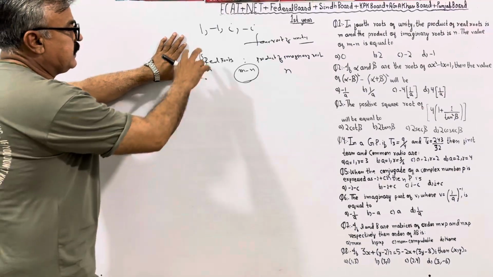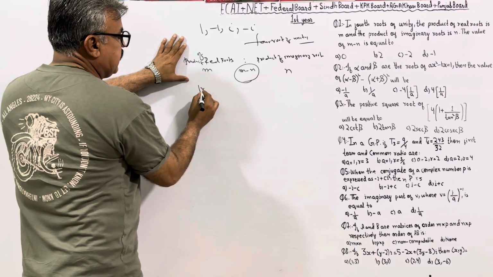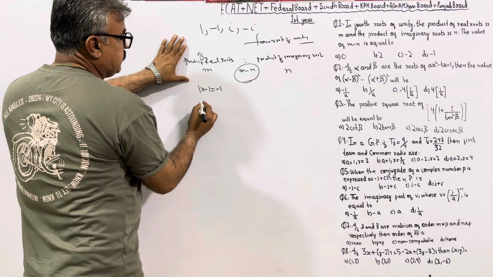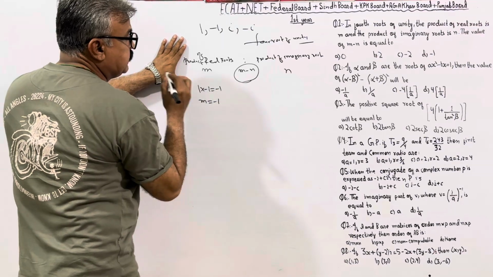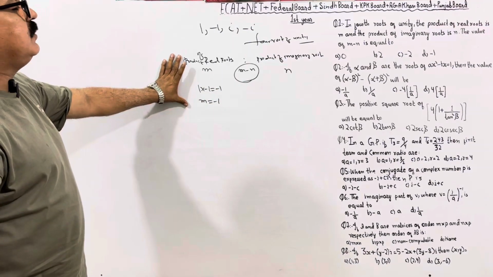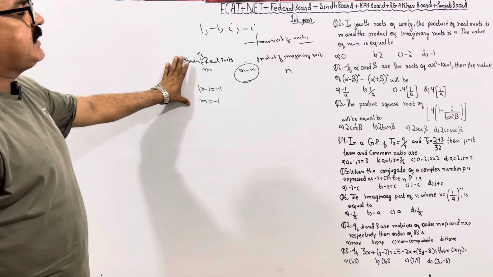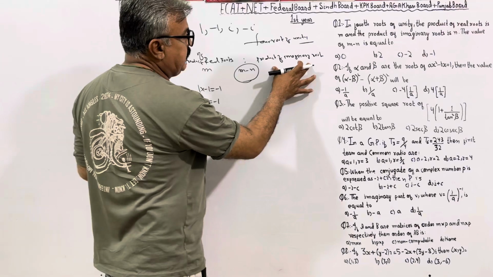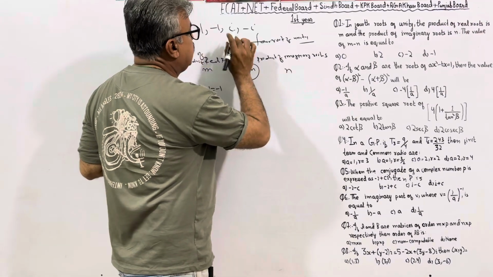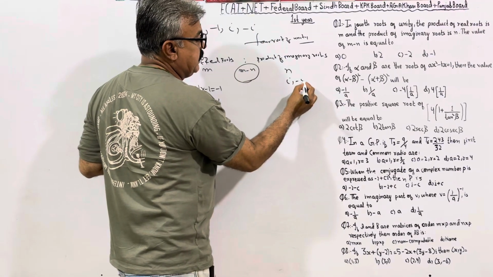Product of real roots. What are the real roots? 1 times minus 1, the result is minus 1. So m is equal to minus 1. Now the product of imaginary roots. Imaginary roots are iota and minus iota.